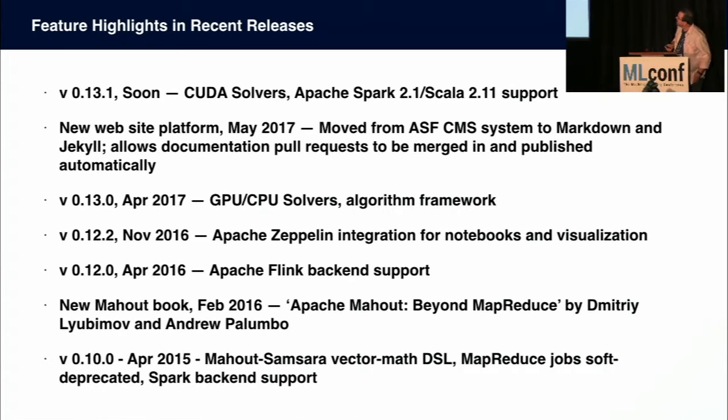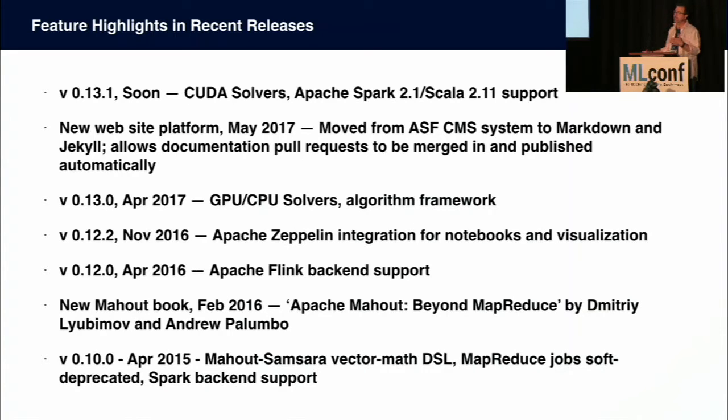Here's a timeline. Sorry, I can't see it very well from here, but you see a couple of years ago, we saw that MapReduce was not a really good place to do large-scale, very heavily iterative processes like we do in machine learning. There was a little bit of back and forth on what to do with that back end.